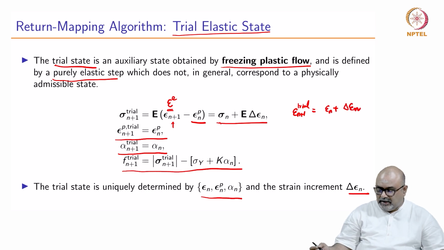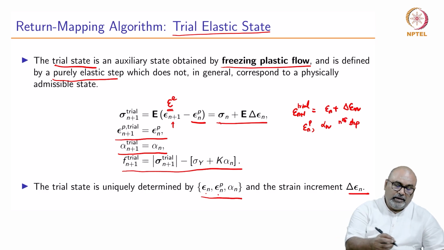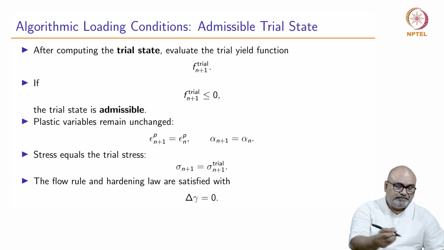That is going to be the trial elastic step. Knowing the value of delta epsilon n, and knowing the previous epsilon n and the previous converged values epsilon n p and alpha n, which are nth step values, one can find out the trial elastic step by freezing the plastic process during the current step.